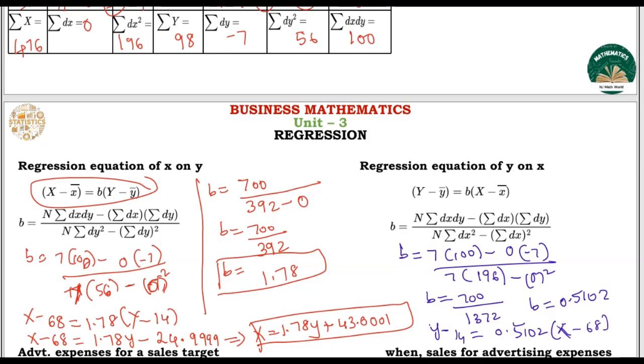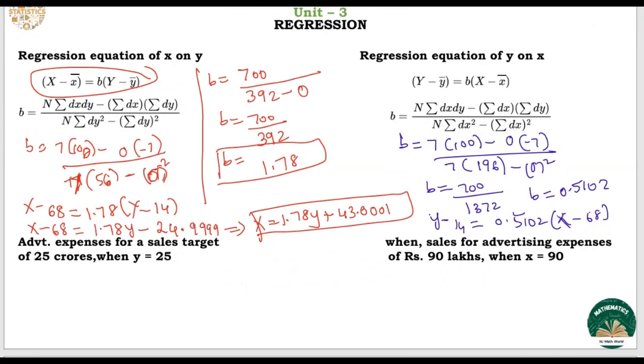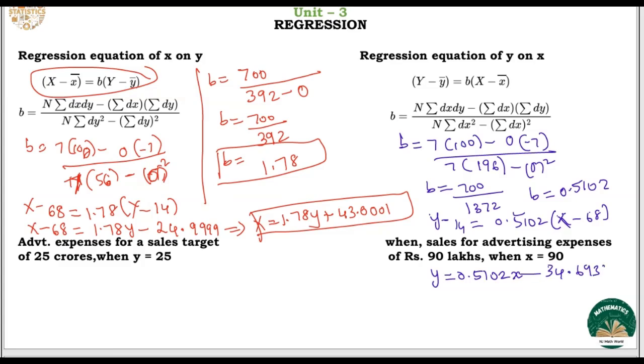So the next equation is y equals 0.5102x minus 0.5102 into 68, which is 34.6939, and minus becomes plus 14.